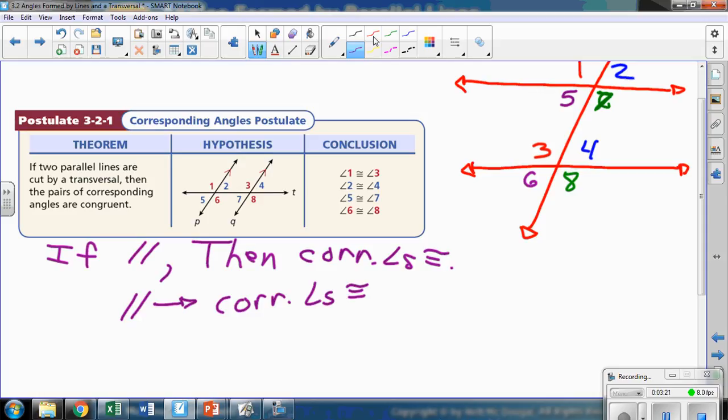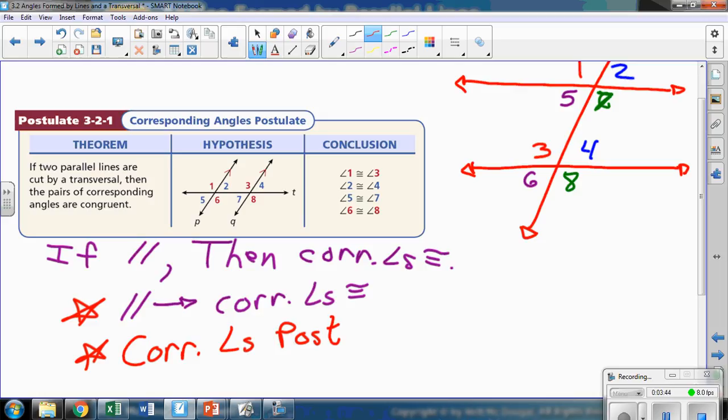This piece here is how I will normally reference this. If you want, you can go ahead and remember the name. This is the corresponding angles postulate. When you are writing your proofs, this is something that you are allowed to use.